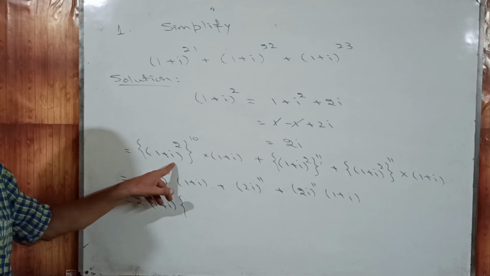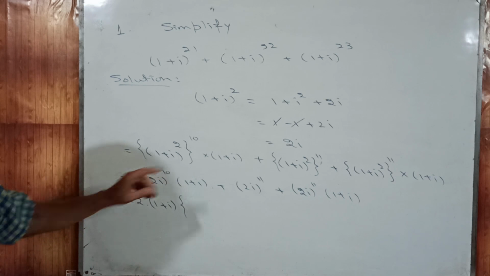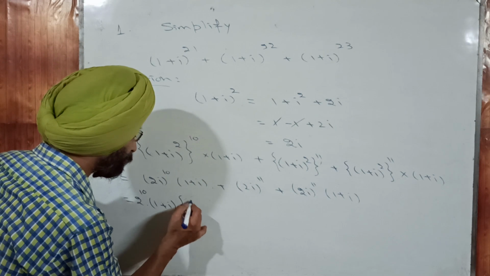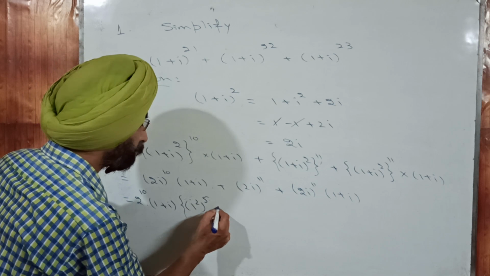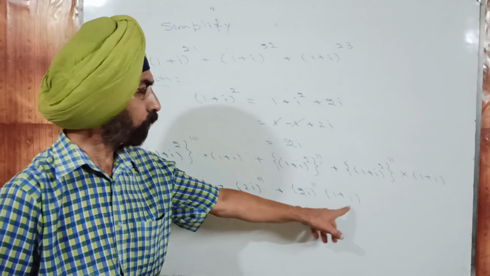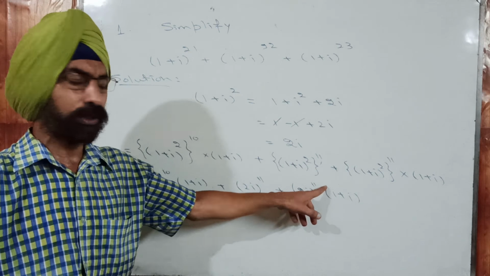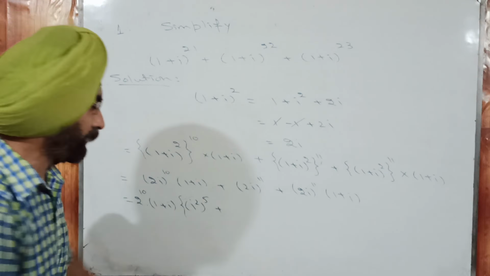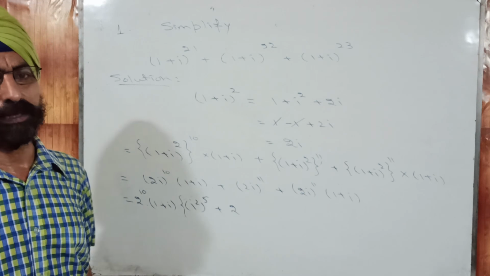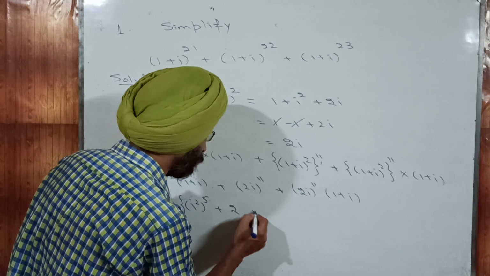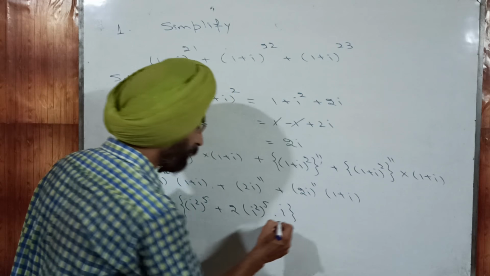What you are going to get is iota power 10 within the bracket, and this iota power 10 can be written as (iota square) power 5, plus the last term now. 1 plus iota is outside, 2 raised to the power 10 is outside, so 2 will be there, and iota power 11 will be there. So iota power 11 you can write as (iota square) power 5 and 1 iota is left.